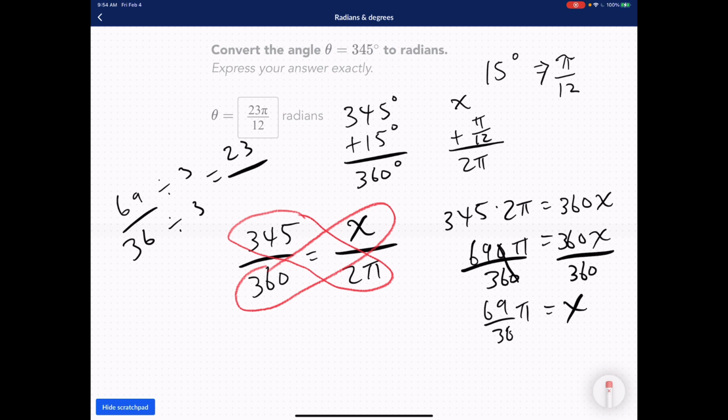That wouldn't work. We have to divide by 3. So 69 divided by 3 is 23, and 36 divided by 3 is 12, which is my answer right there. You see that? So my answer is going to be 23 over 12 pi is equal to x, which we had right there. So that's another way of solving it. If you have any questions, please let me know.